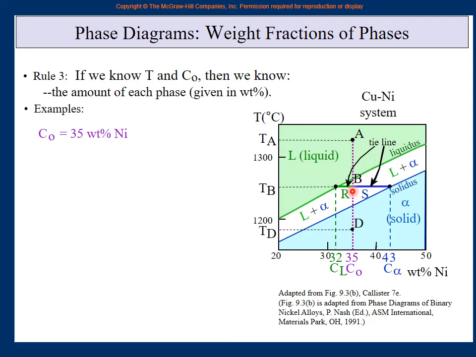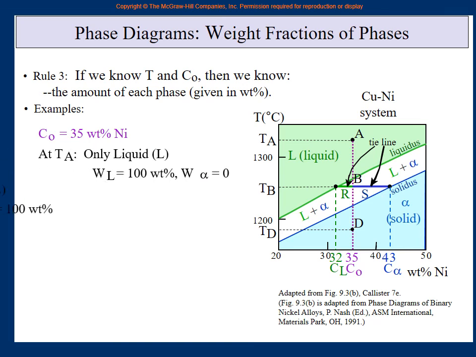So there is liquid phase and solid alpha phase. Second question, what is the composition of the solid and liquid phase? So you draw a tie line and you find the composition of the liquid phase, you find the composition of the solid phase. Third question, at this temperature and this composition, what is the mass fraction or what is the weight fraction of the two, right? So this is what we want to do now.